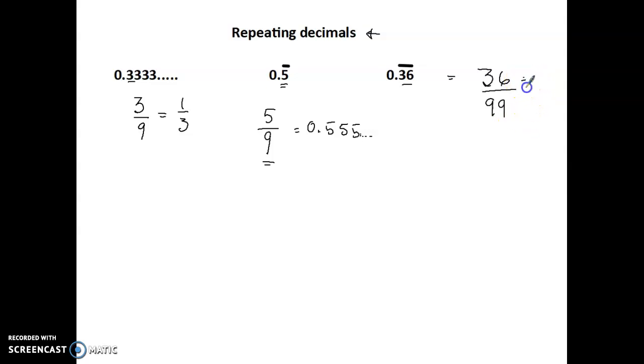So I could reduce this fraction by dividing both the top and the bottom by 9, and I would get 4/11. Try both of these examples. Plug 36 over 99 into your calculator, and then try 4 over 11, and you should get 0.363636. So this one, you'll learn it later, I promise, but I told you the trick.